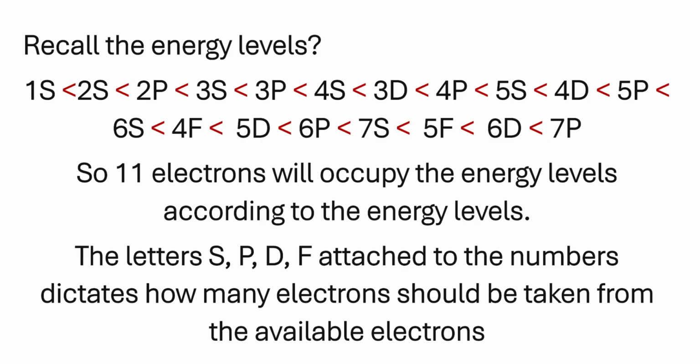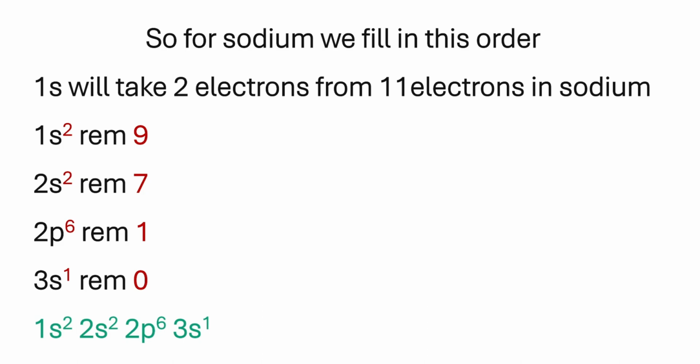So when it takes 2 electrons from the available 11, we're going to have a remainder of 9 electrons. We now move to the next energy level, which is the 2s. It also has s, right? So s will take up 2 electrons from the remaining 9, and we are going to have a remainder of 7 electrons.